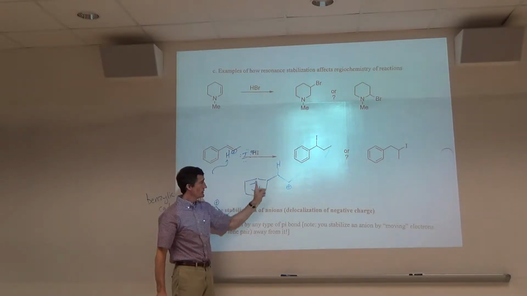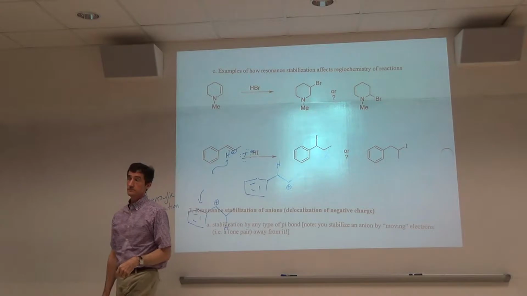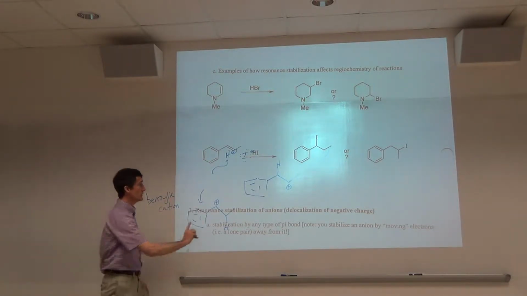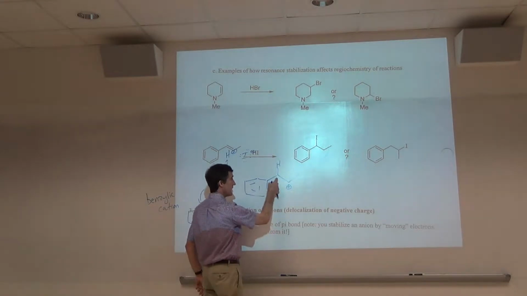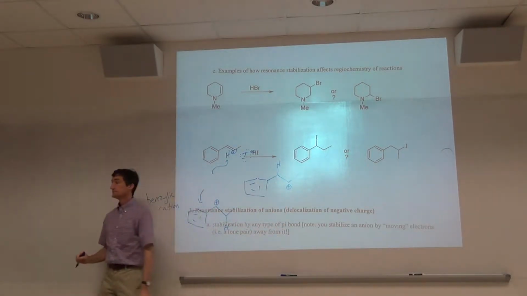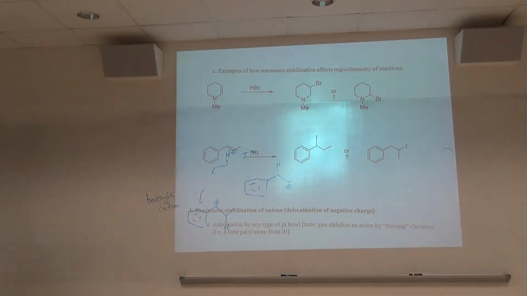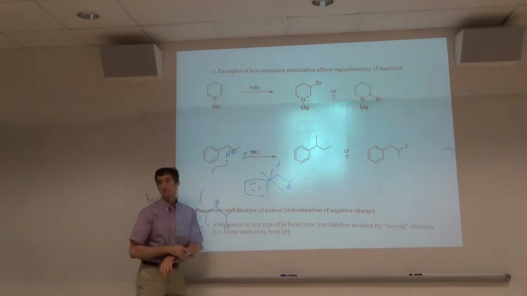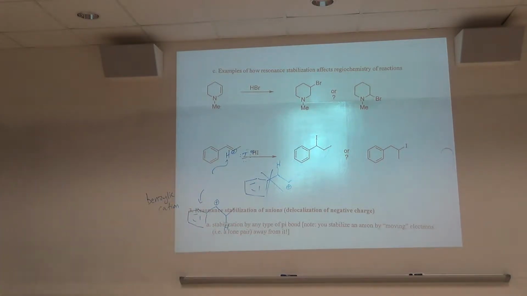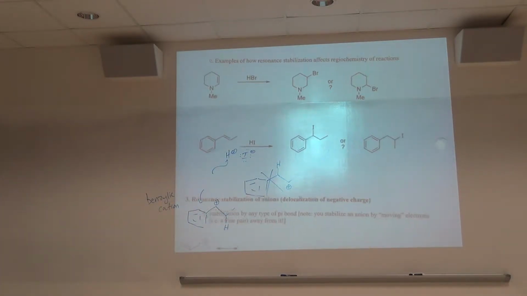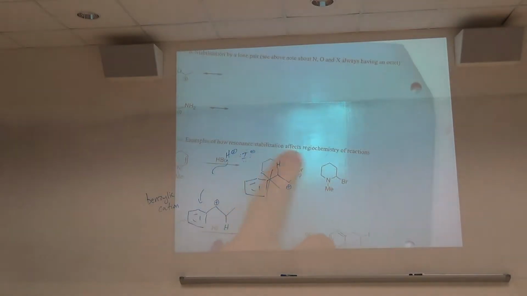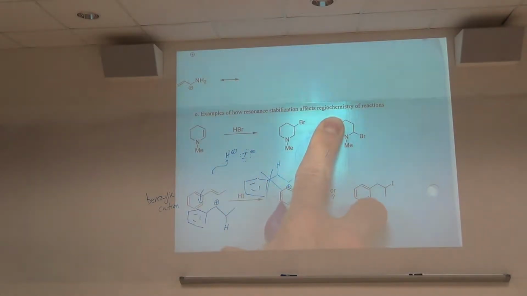No. Can you show a resonance structure of this? The answer is also no. Try it. I mean, can you windshield wiper anything towards it? No, there's no pi bond. Okay? There's no lone pair, there's no pi bond, not resonance stabilized. So resonance stabilization can affect regiochemistry of reactions.